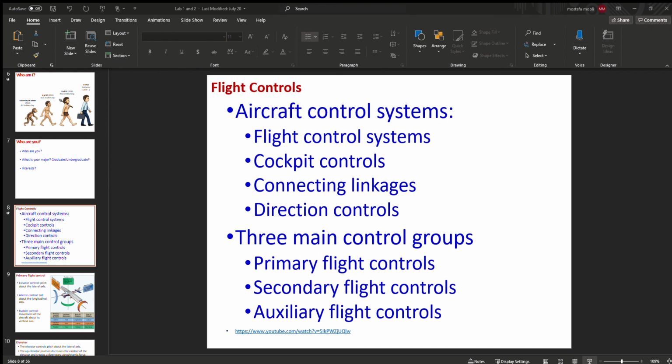This is how your aircraft is gonna decrease its altitude. So very simple. You just play with the aerodynamic forces. You create a force in different directions, and your aircraft is gonna pitch up or pitch down.